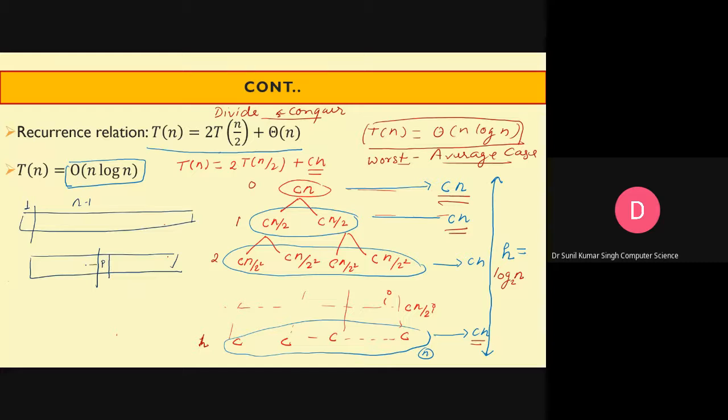So the elements in the left side will be smaller than p, and the elements in the right side will be bigger than p. That means this p is not going to move in the division, it will stay here only.